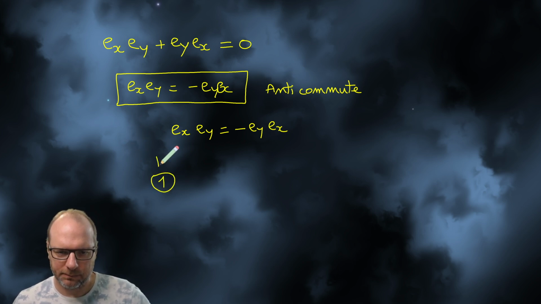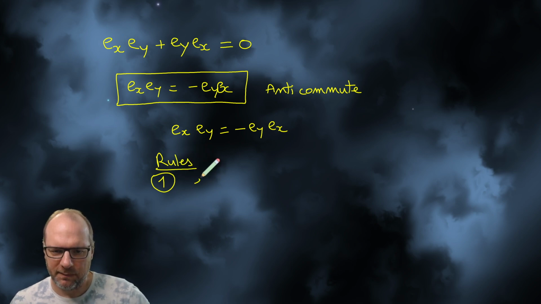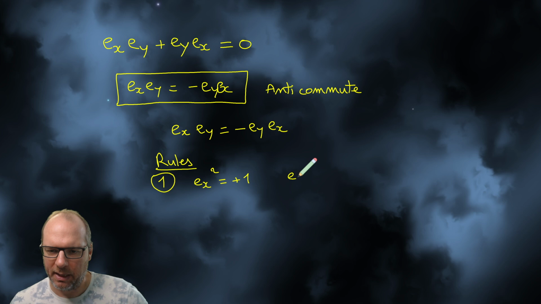So that's our rule. So we have two rules. First rule, we must define the squares. e sub x squared, what is it? For example, plus 1. And e sub y squared equals plus 1.